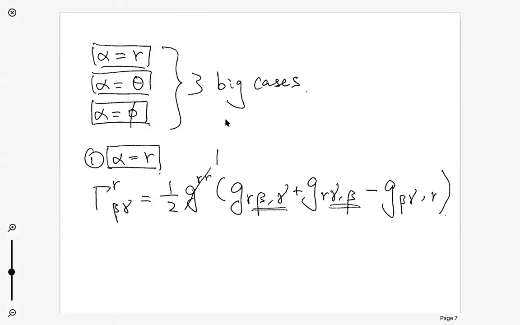But now we have another problem. This whole thing here actually has 2 indices, namely beta and gamma, right? Beta and gamma here, beta gamma here, and beta and gamma here. Can you quickly tell me what are the possible scenarios for this beta and gamma?